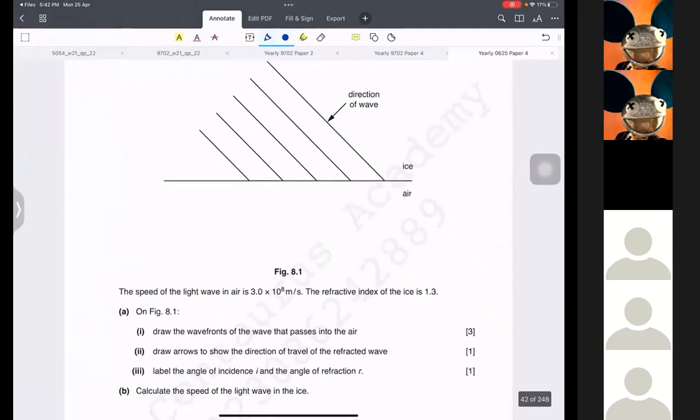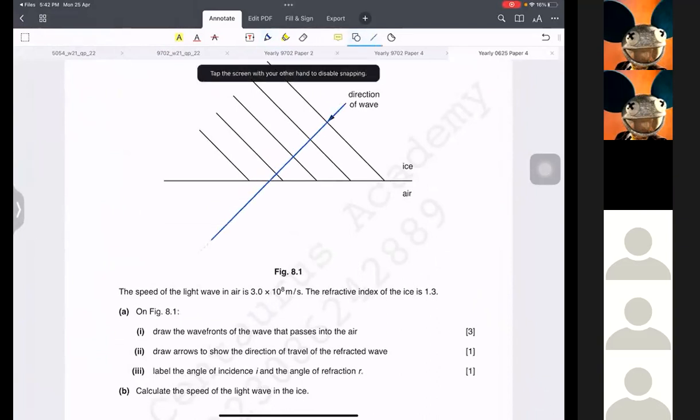Now, it says draw the wavefronts of the wave. This is a very important question, because when this happens, always first draw the straight line like this till here. So this is the incident wave. And then draw a normal line. What is a normal line?